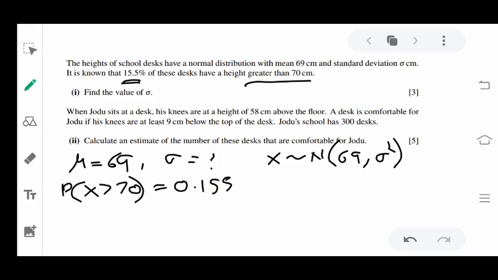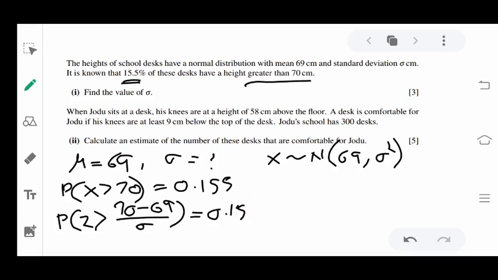Okay, so when you standardize x to the variable z, we get z greater than (70 minus mu, that is 69) divided by sigma, which is 0.155.